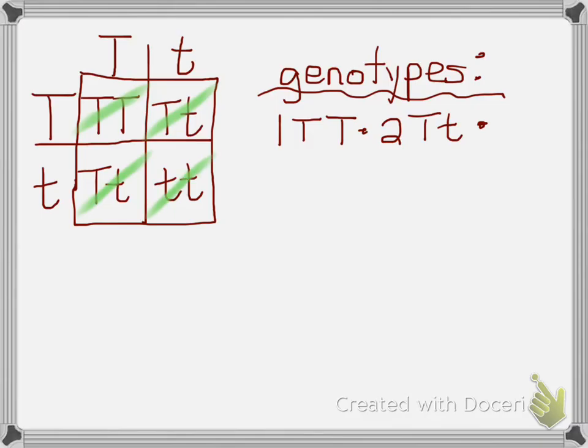And then the last box has 2 lowercase t's. So we're going to have 1 little t, little t. So those would be our possible genotypes for the offspring.